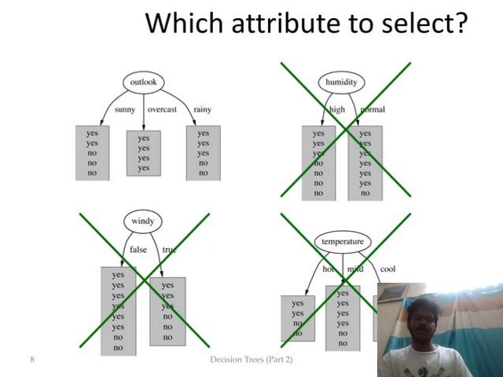And after computing the information purity, we are only taking the outlook, which contains more information than the separate attributes like windy, temperature, humidity. By this we are rejecting these three and we are only taking the outlook attribute.